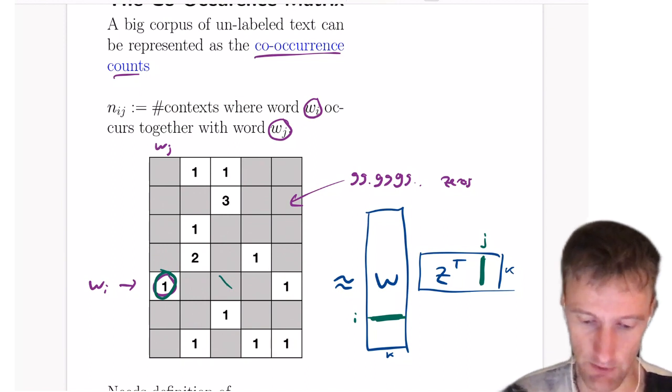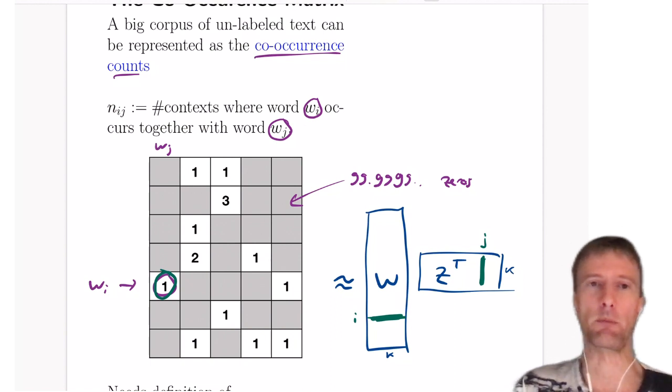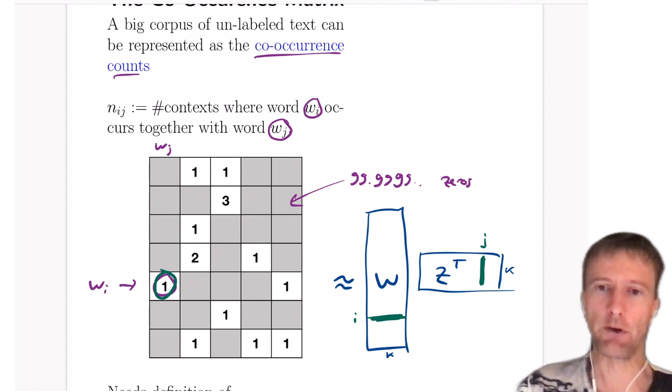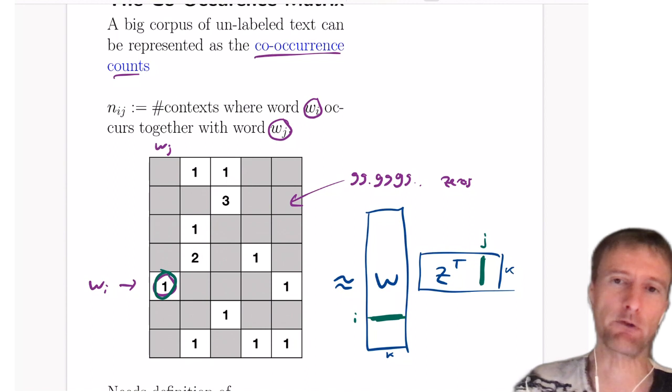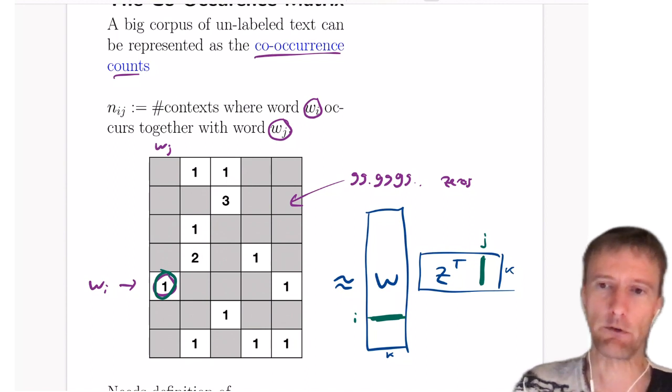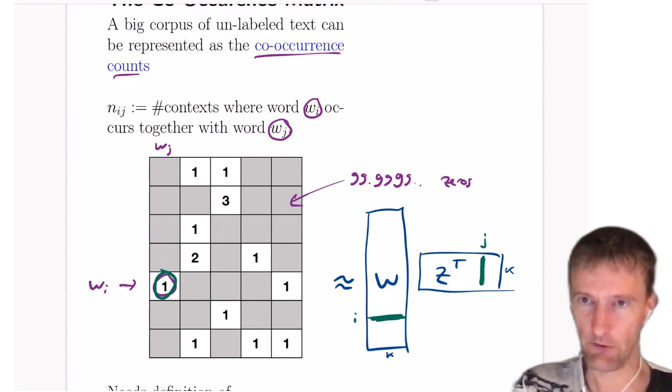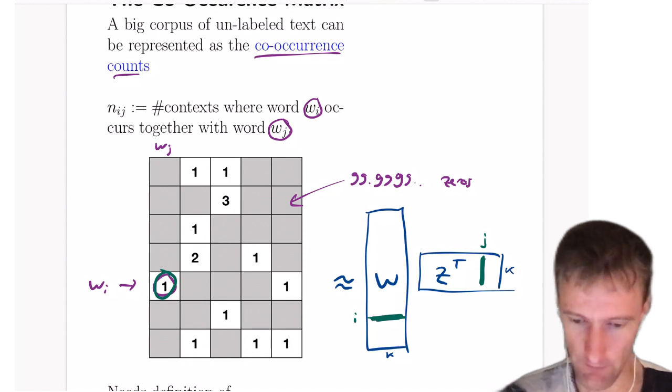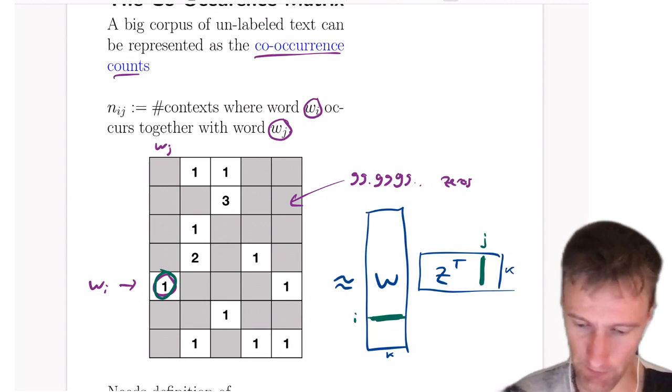I have no information there. You could also treat them as 0. That's another possible method, but it's actually much better to treat them as unobserved and only work with the observed entries. We're going to discuss this a little bit more in a second. Okay, but I hope the idea is clear to learn these two matrices here.